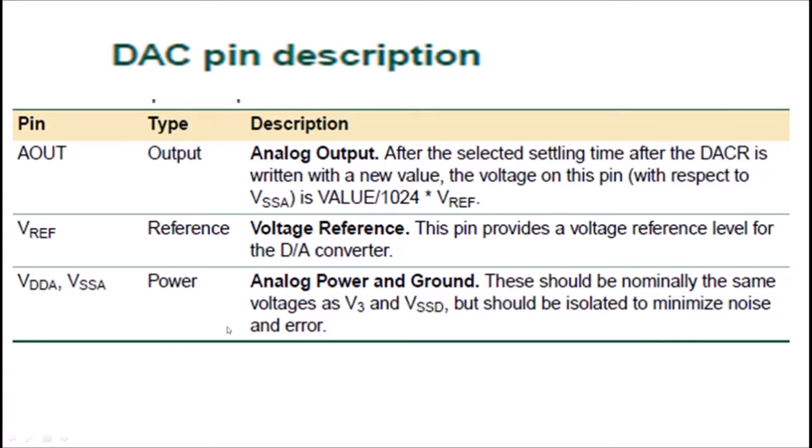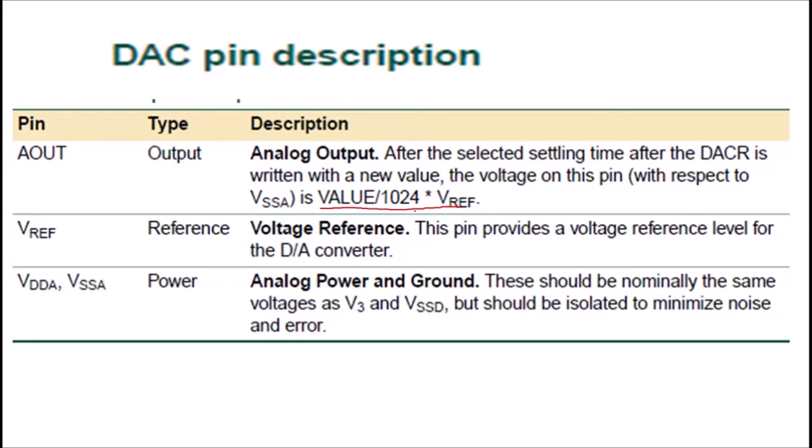These are the pins used for DAC. The first pin is AOUT, where we get the analog output voltage. This output voltage we can compute using the input digital value. For that, the digital value is divided by 1024. 1024 is as per the resolution of the DAC.